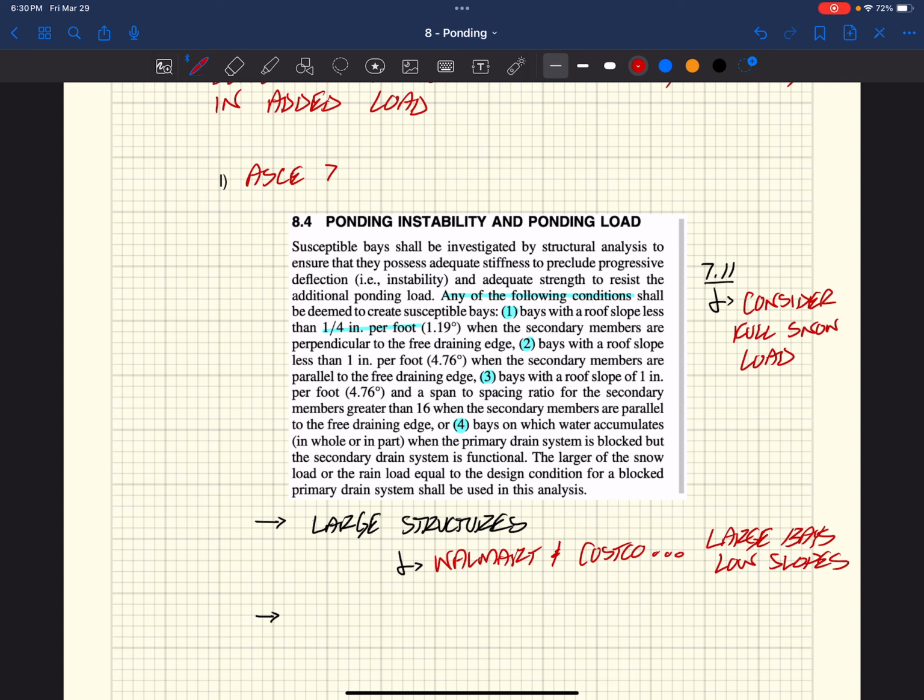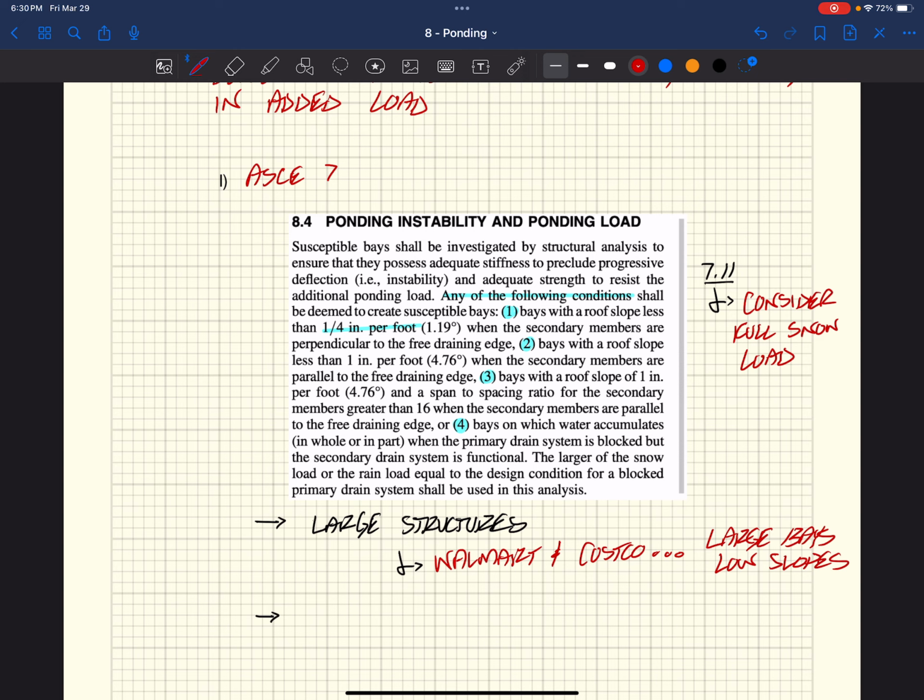Even when we apply additional ponding loads on our structure, it amounts to more of a drift load that we typically see with snow loads. And so you're not putting that additional load on the whole structure. It also tapers. So even if, say, your design rain event is 1 inch, and the secondary drains are a couple inches above that primary drain, you're still only in the 3 to 4 inch range. You're really not going to be adding more load than what you would with snow loads.